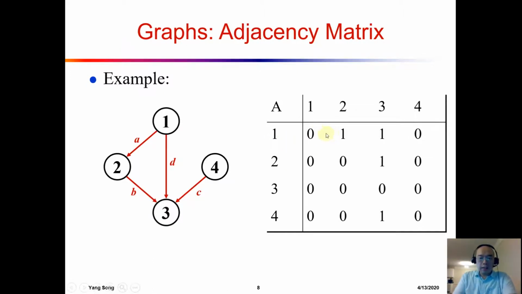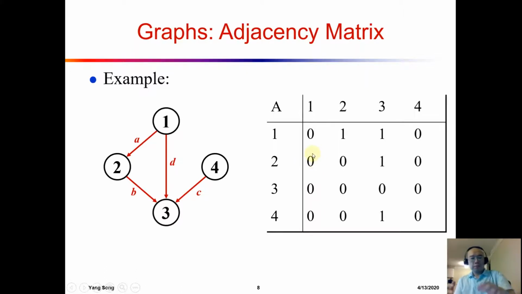So from node 1 to node 2, there is a 1 saying they are connected. If you want to go the opposite way, from node 2 to node 1, there is no such edge, so we are going to have a 0 here.